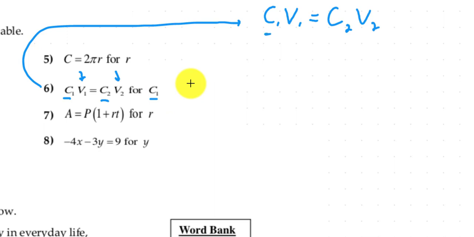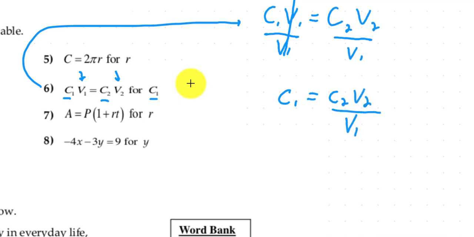So to get C1 by itself, well, if I divide by V1, I can cross out the V1s, and I'm left with C1 equals C2, V2 all over V1.